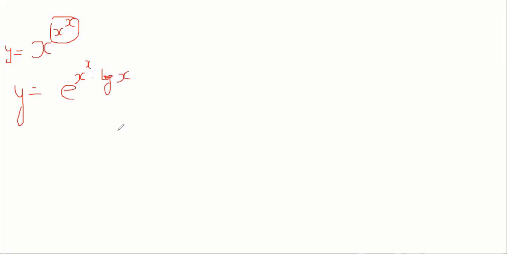Now what are you going to do? You differentiate this, that's it. So what will be dy by dx, first step? This whole thing is in the power, one power now. So what will happen now? This is nothing but e to the power x, remains e to the power x only.